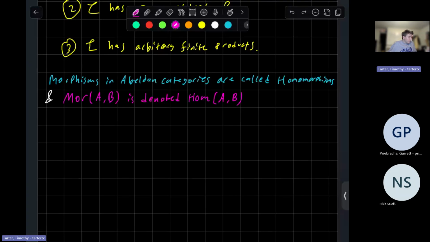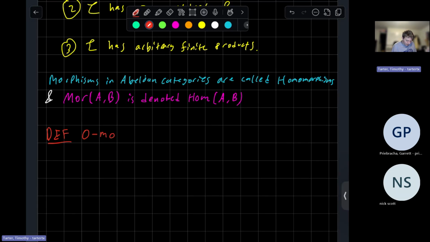One motivation for the name zero object is that the zero morphism in the abelian group hom AB, and this is important to write down, definition, whoa, that F did not come out of the factor right.